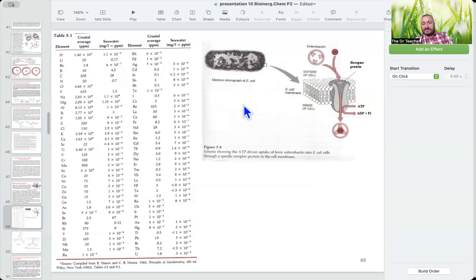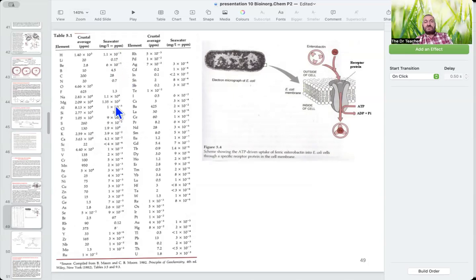You can see here as well a schematic showing ATP-driven uptake of ferric enterobactin into the E. coli cells of bacteria. And you can see how the cell is opened to take in something using ATP inside the membrane. Here in the table, we have the elements and the crustal average in ppm, parts per million concentration.